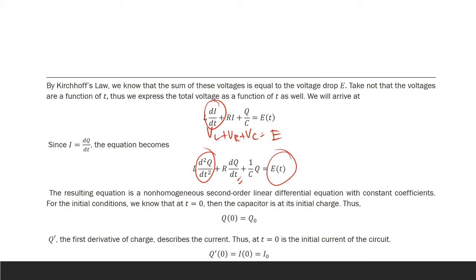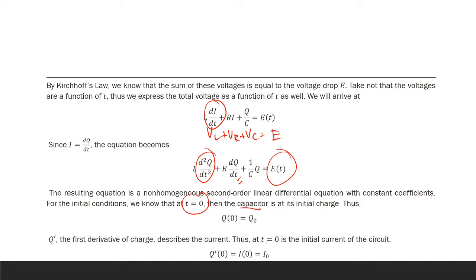So, alam natin that at the start of the system, di pa tayo nag-on ng switch. That is at t is equal to 0, wala pang charge yung capacitor natin. So, therefore, at q of 0, ang value ng Q natin is equal to the initial charge natin. So, sasabihin naman yan kung may initial charge siya. Next, we have the Q prime, which is your first derivative, which is the current.